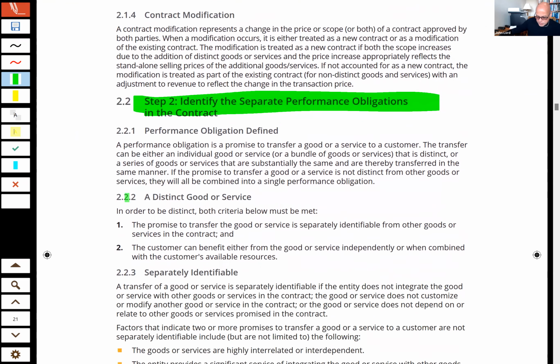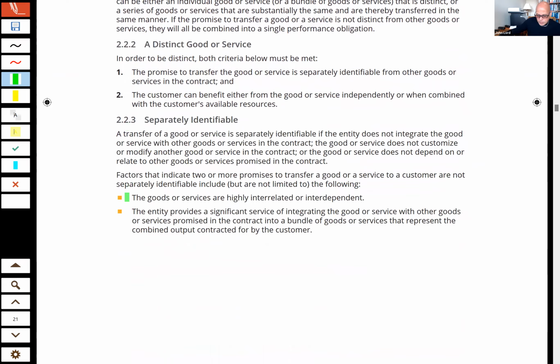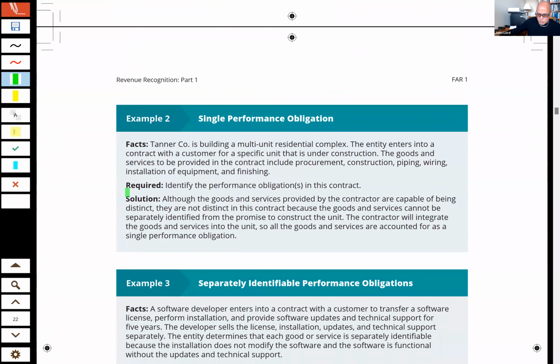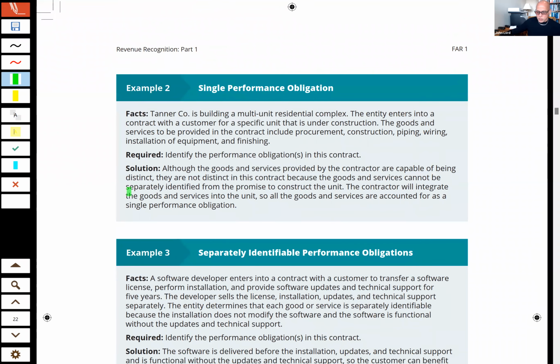I could read through some of the things that they tell us here, but at the end of the day, it really becomes more of a reading comprehension issue. So let's take a look. Here they give us a single performance obligation. Here we have separately identifiable performance obligations, okay?